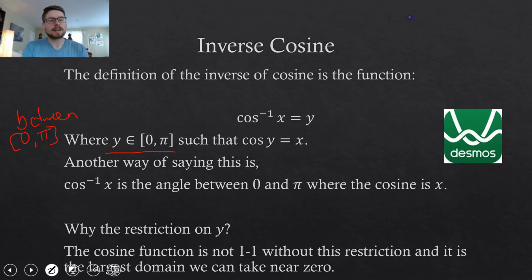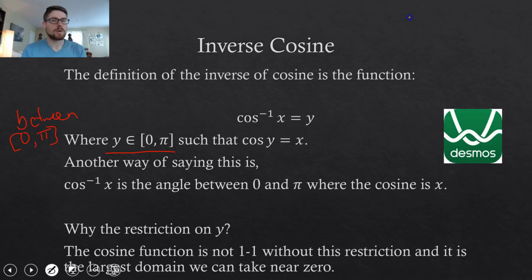This is the biggest domain we could take for cosine that's near 0. We could take from negative pi to 0, but when you have a choice between a negative domain and a positive domain, the convention is to take the positive domain, just like square root and x squared.